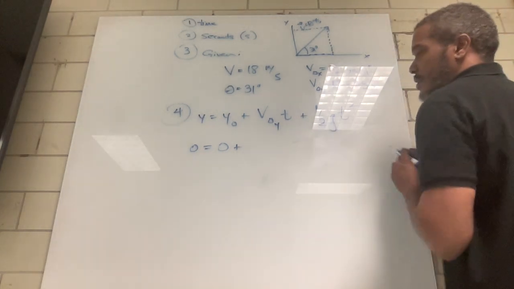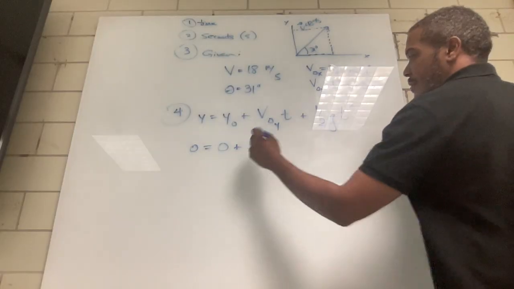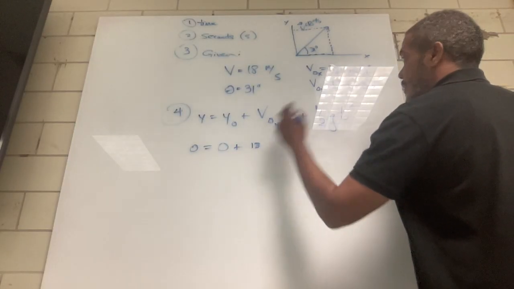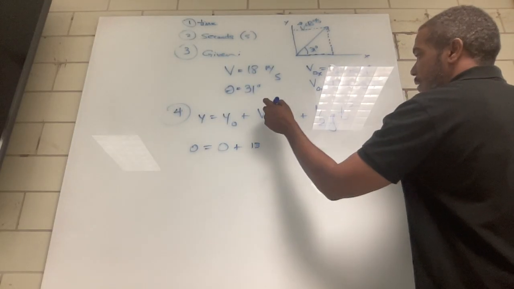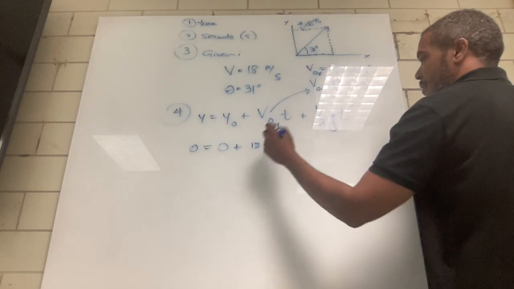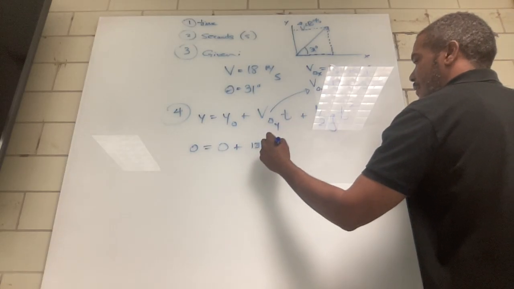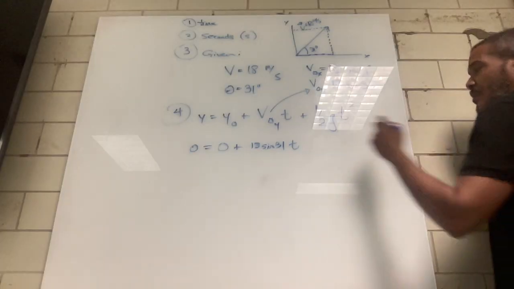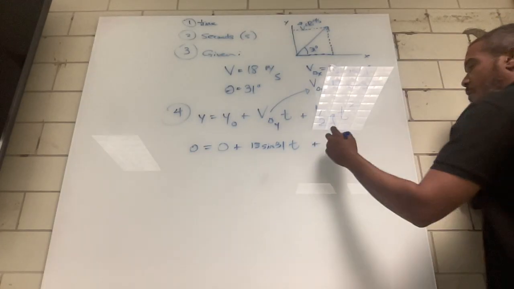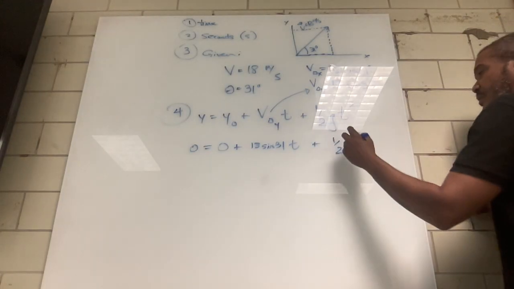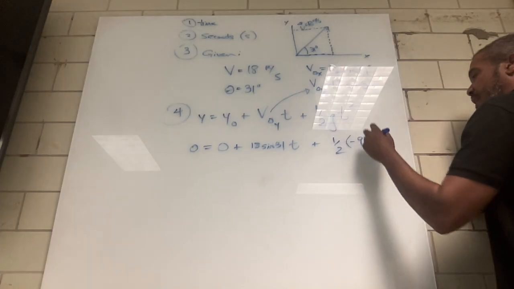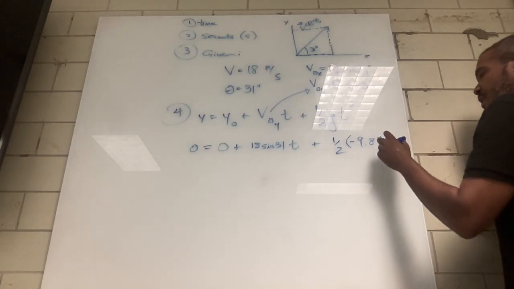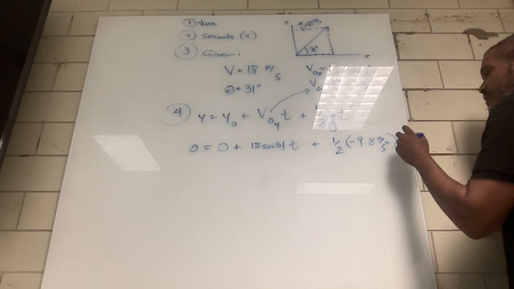I'll write this clearly so y'all can see it. This is 18, this is V0 in the y. This right here comes from right there. Sine 31, and this t is that t. Plus 1/2, gravity is negative 9.8 meters per second squared, and then t squared.